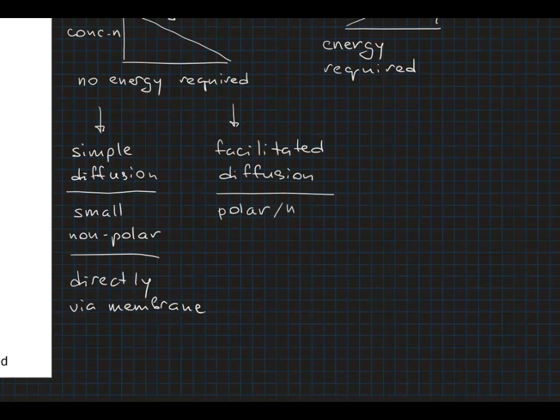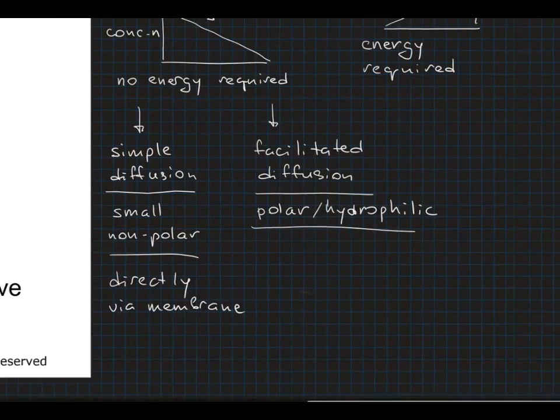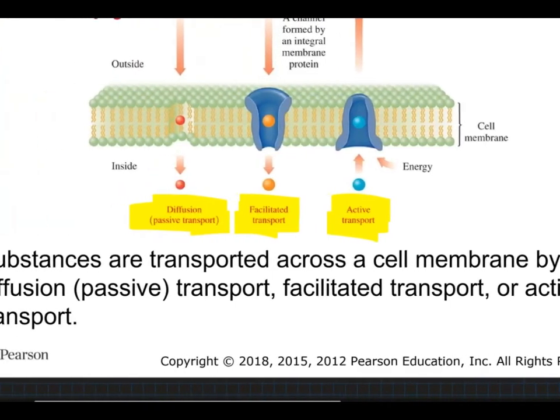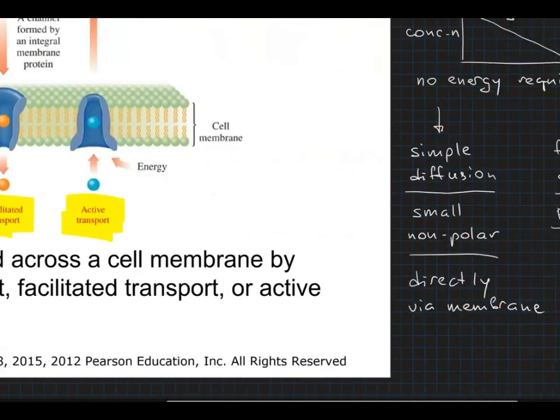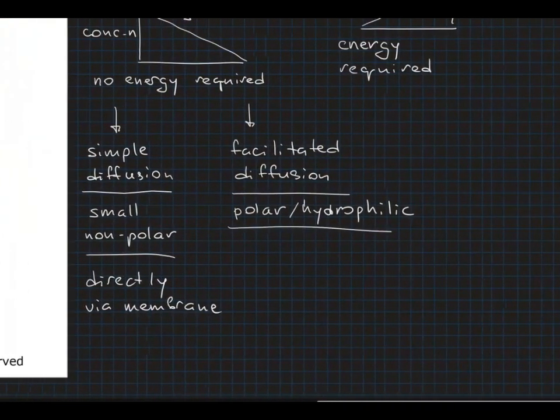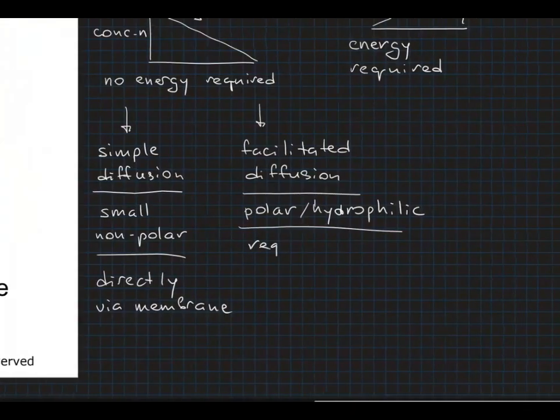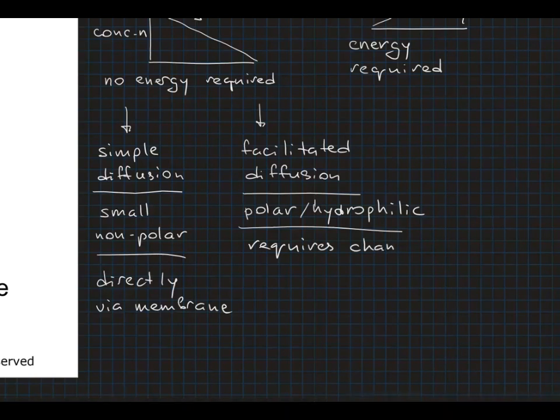molecules. And to do this, remember, the inside of the membrane, the yellow tails here, they are nonpolar. So polar molecules cannot cross the membrane directly, and facilitated diffusion requires channels or carriers. So I want to emphasize, hear me out.